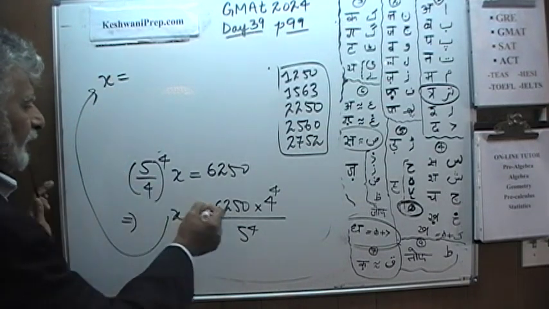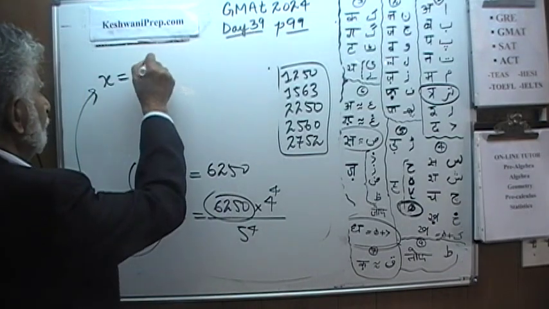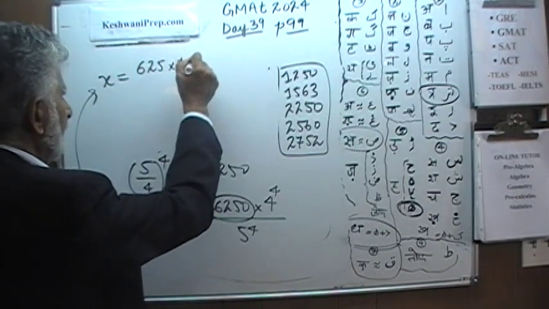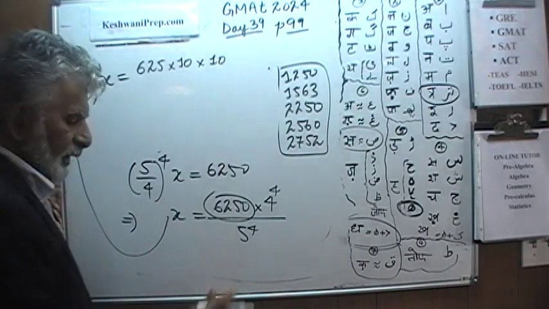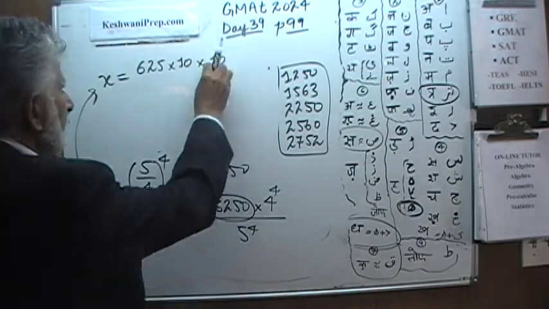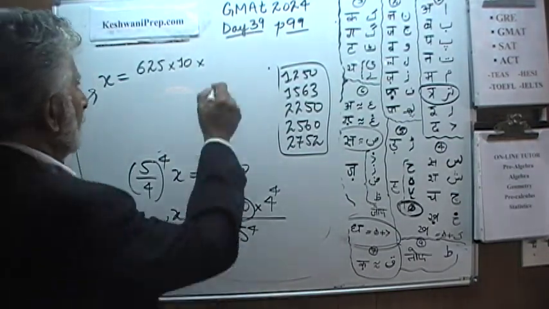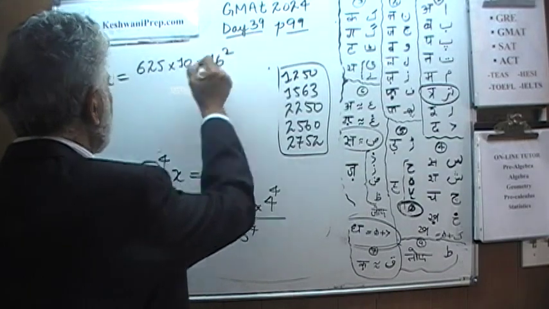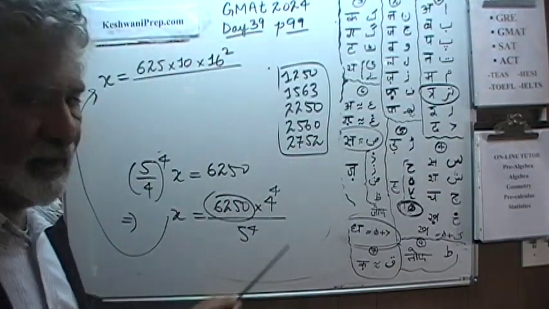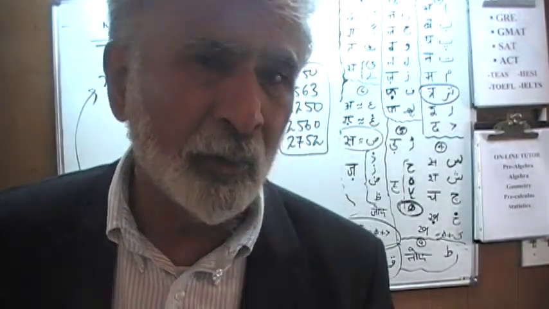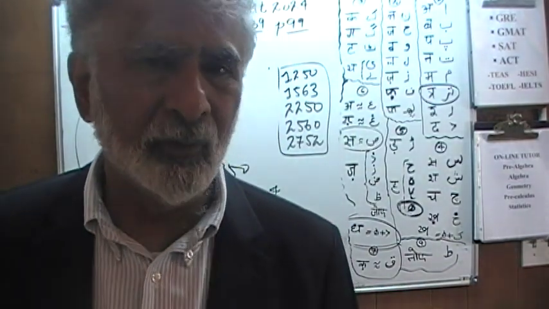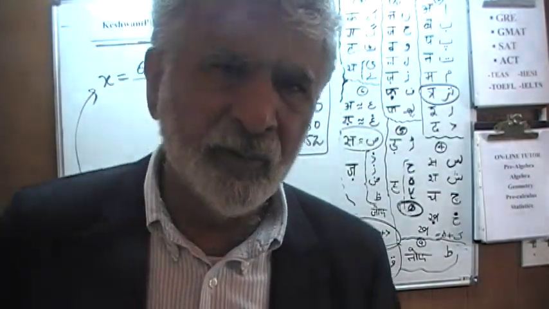Let's write this quantity as 625 times 10 times 4 raised to 4 over 5 raised to 4, and I prefer to write 4 raised to 4 as 16 squared. Because if I leave it at 4 raised to 4, then I have to work out in my head what 4 times 4 times 4 times 4 is. It's much easier for me to figure out 16 squared.